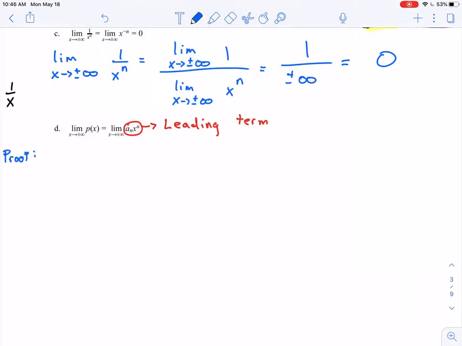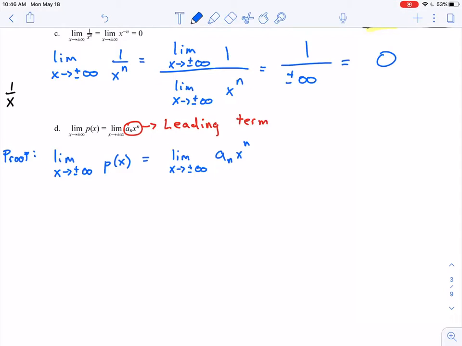So let's see. Let's start with the limit as x approaches plus minus infinity of p of x. So here I'm actually going to write this out. Limit as x approaches plus minus infinity. If you look at how p of x is defined, it's a sub n x to the nth power. So here I might have, say, x to the fourth. And a sub n right here, this is just saying some coefficient.